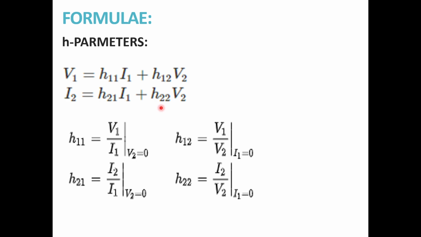Similarly, H12 and H22 can be determined at I1 equal to 0. I1 equal to 0 means port 1 is open circuited.